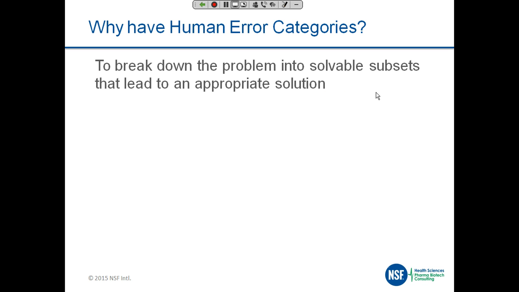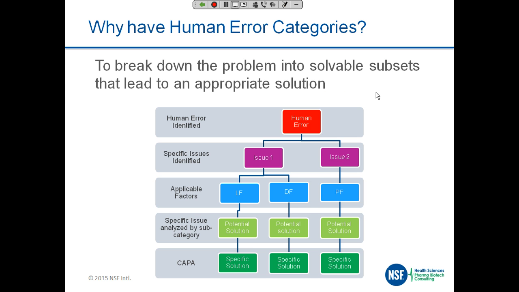Well, the answer is pretty obvious, and it's probably very clear to all of you that are listening here, that it's so important to be in a position to break down a problem into its subsets. And this describes a typical breakout that you would see where the applicable factors are shown in the blue.